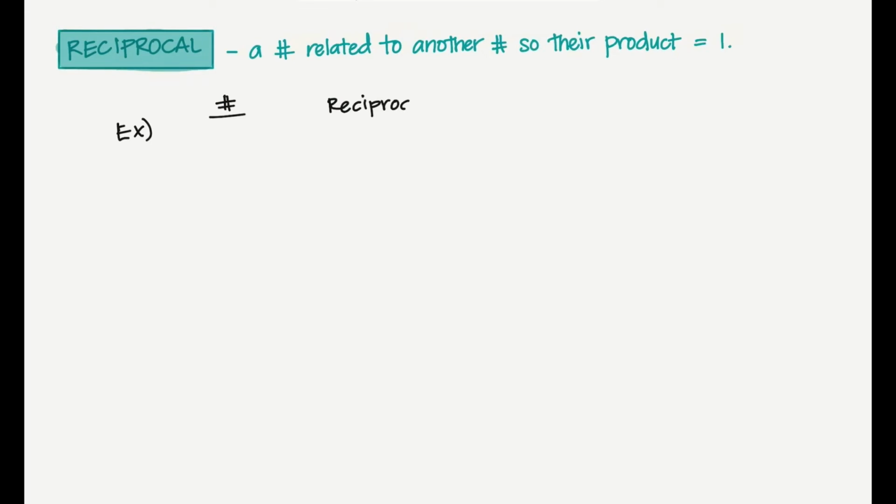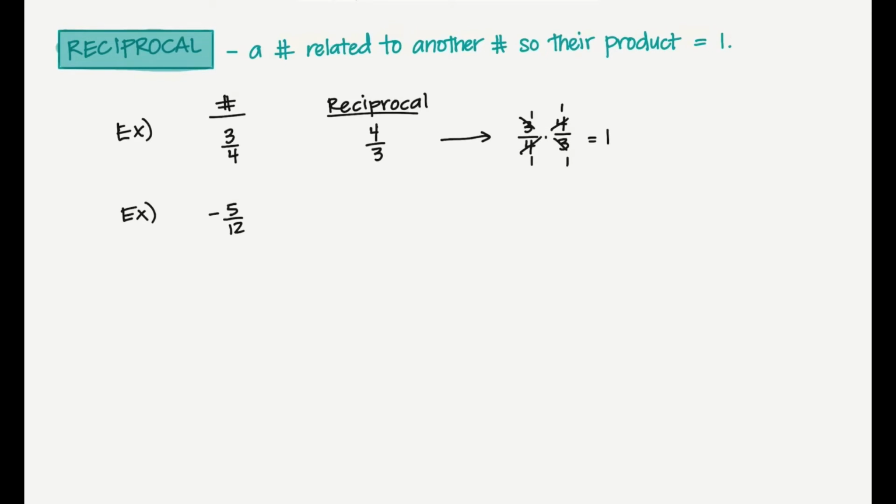So let me just show you a couple examples and then hopefully you will understand this. So if I have 3/4, the reciprocal is 4/3 because 3/4 times 4/3, when I cross all those out, it equals the number 1. So basically we're flipping it upside down.